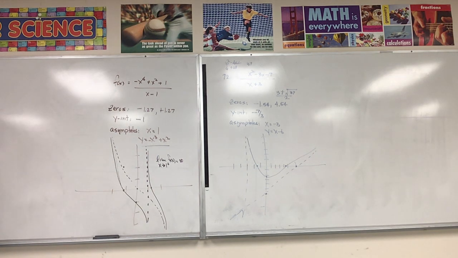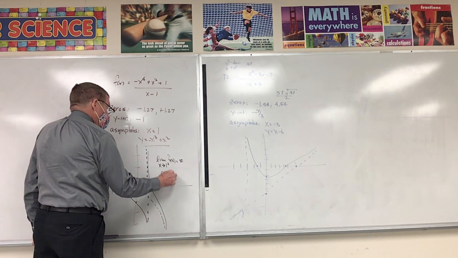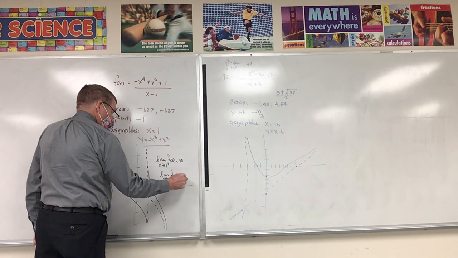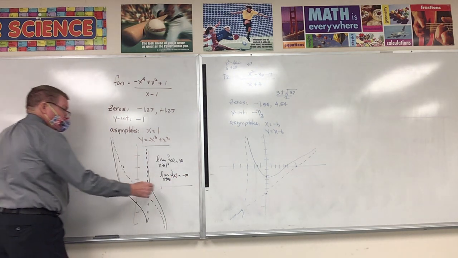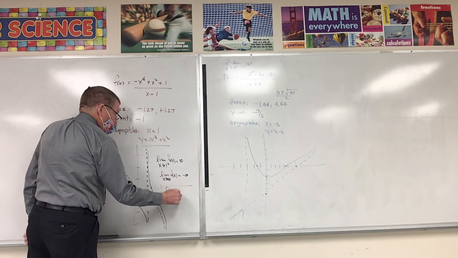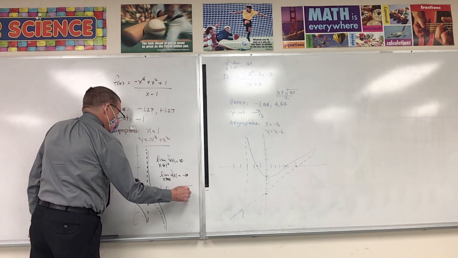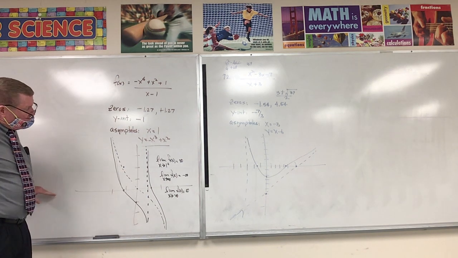Then the limit as x approaches infinity of f of x equals negative infinity, and the limit as x approaches negative infinity of f of x equals infinity, because it goes up. As I keep on going this way, it keeps on going up.